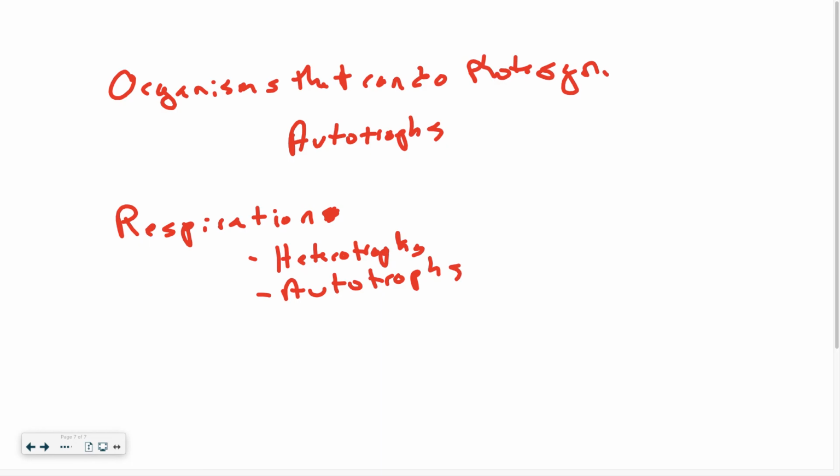And let's see. What are the two things produced in the thylakoids? A good place to start is, what are the parts of photosynthesis that happen in thylakoid membranes?